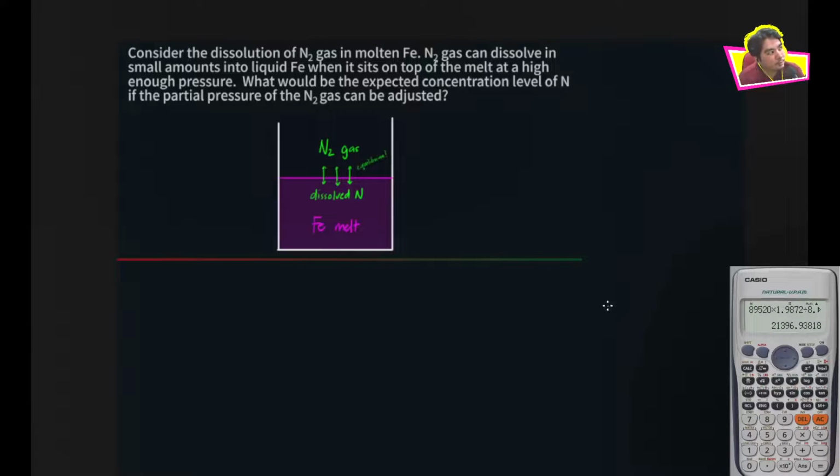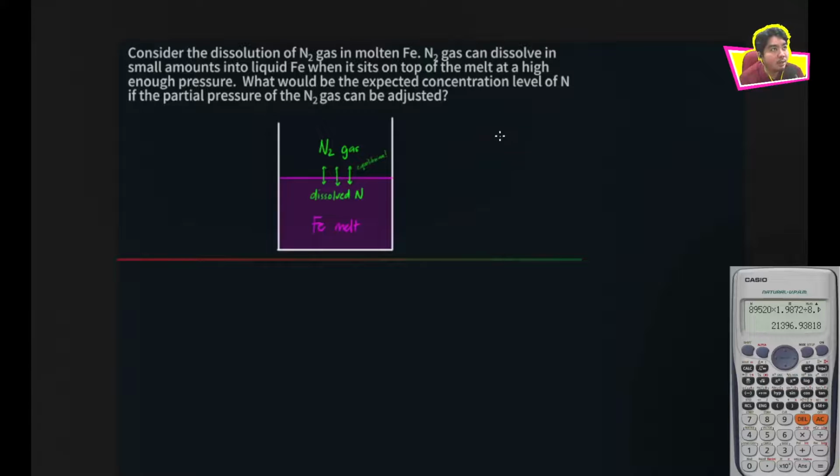Nakalimutan ko. Nitride is a form of parang ceramic siya. So ang nangyayari is nagpo-form siya ng matigas na precipitates that contribute to the hardness of the bulk material.